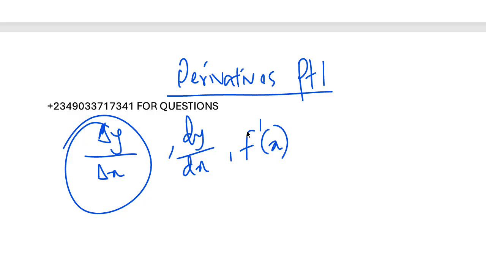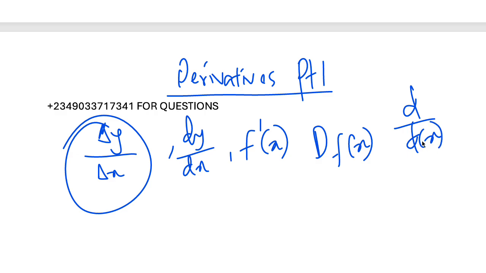It could also be in the form df(x)/dx, or d/dx of the function, or df over dx. So it simply explains the rate of change of a variable with respect to another variable.